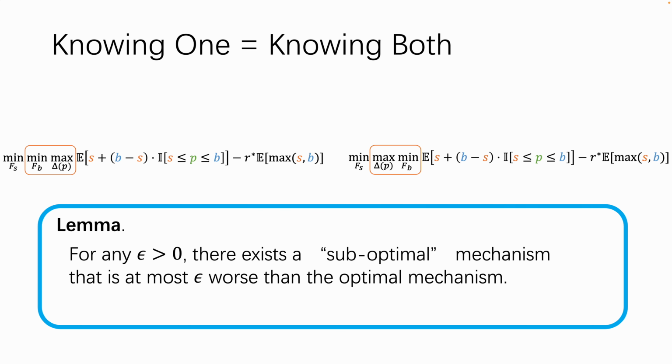Our previous lemma states that for any positive epsilon, there exists a suboptimal mechanism which is at most epsilon worse than the optimal mechanism. What's more, the worst case distribution for the suboptimal mechanism is a discretized distribution and thus is finite dimensional.